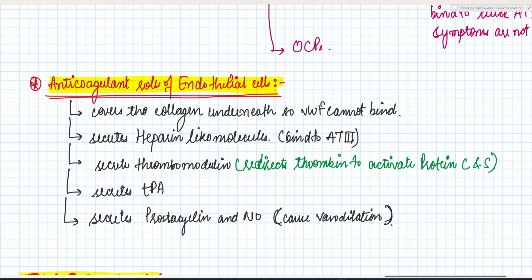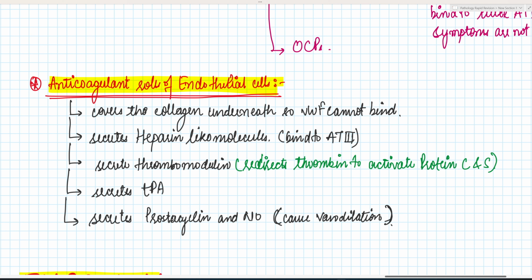If von Willebrand factor does not bind, there will be no platelet adhesion, aggregation, and coagulation cascade, and so on. Second, it secretes heparin-like molecules. We know heparin binds to the antithrombin 3 molecule, which prevents the coagulation cascade. So the heparin-like molecule secretion is another protective factor of the endothelial cell.